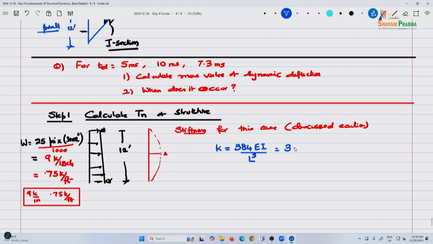So, let us calculate that. 384 times EI, L is 5 L cubed, sorry, 5 times L is 12 feet. So, this comes to, we are still in kips, quite a high number, but in inches, 231.2 kips per inch.